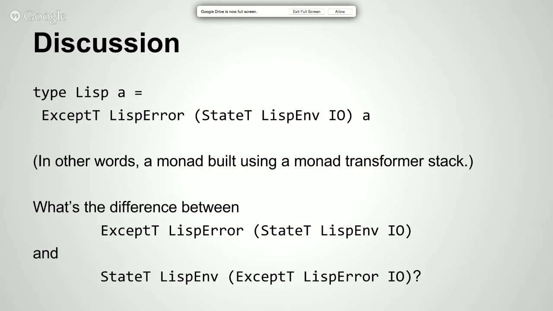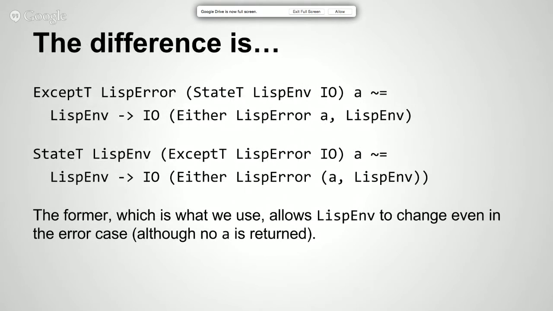So I'll give the answer because these are actually annoying to work out on paper. One way to do that is to, at the console, just start unwrapping the monad and seeing what type you get. You use runExceptT and runStateT, the inverses of the constructors.